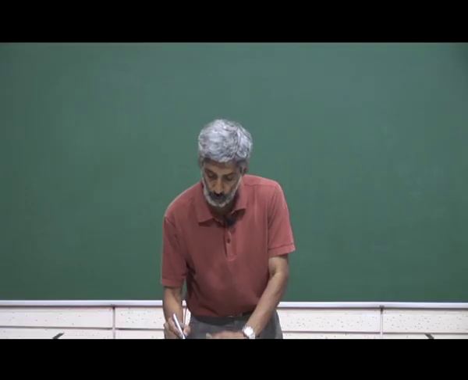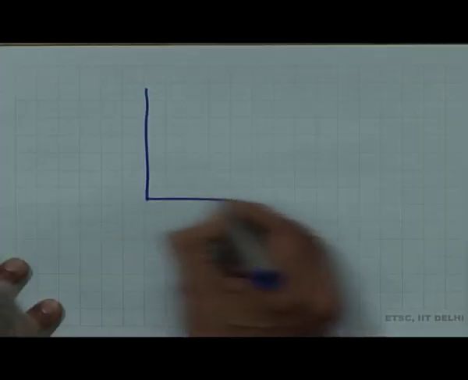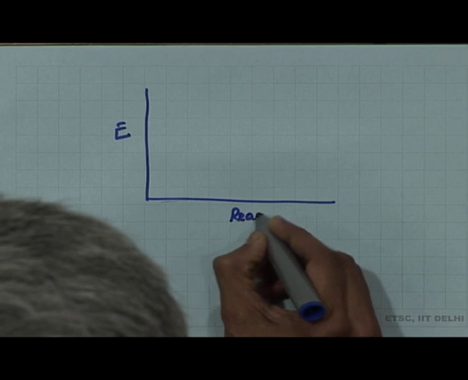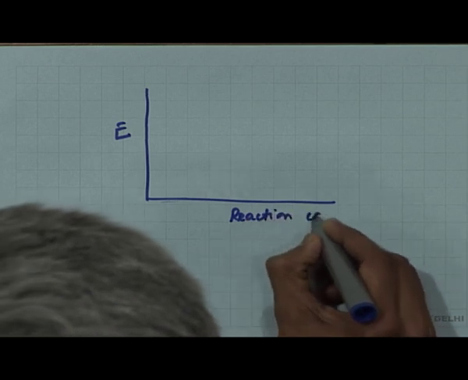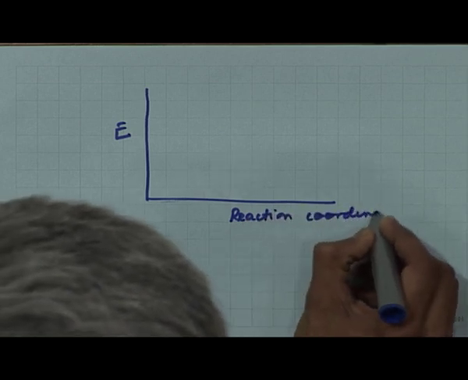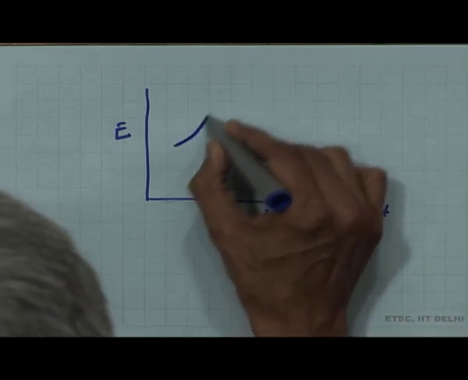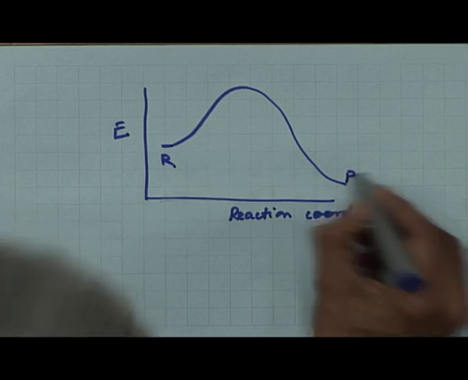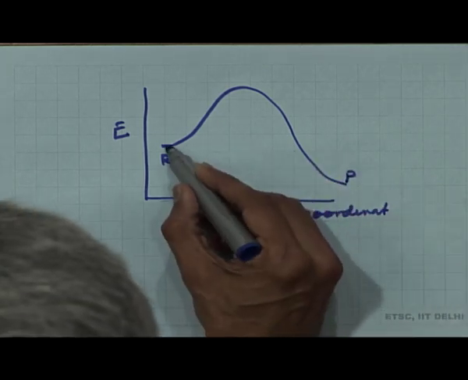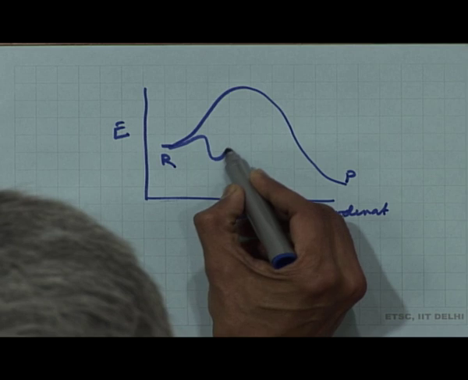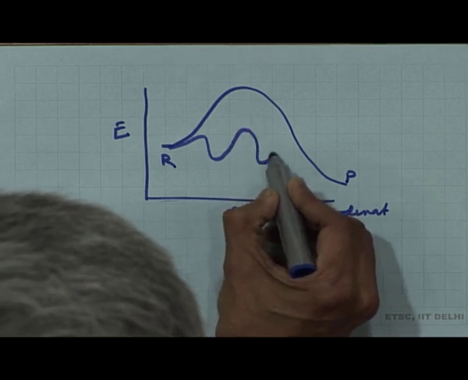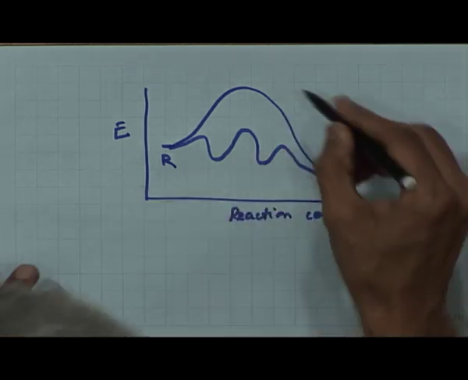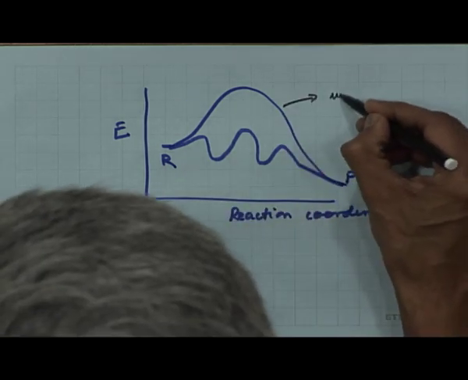And if you drew the Gibbs energy, the energy versus the reaction coordinate profile, it is identical to what we had in the case of the catalyst. So, let us imagine that I have these reactants, I have products. What we are saying is there is an enzyme substrate complex, the enzyme product complex, and this. So, this is the uncatalyzed reaction.